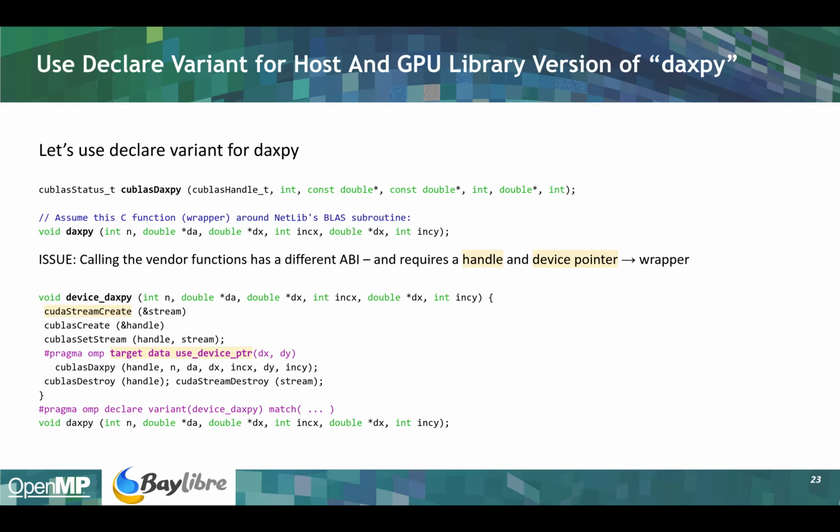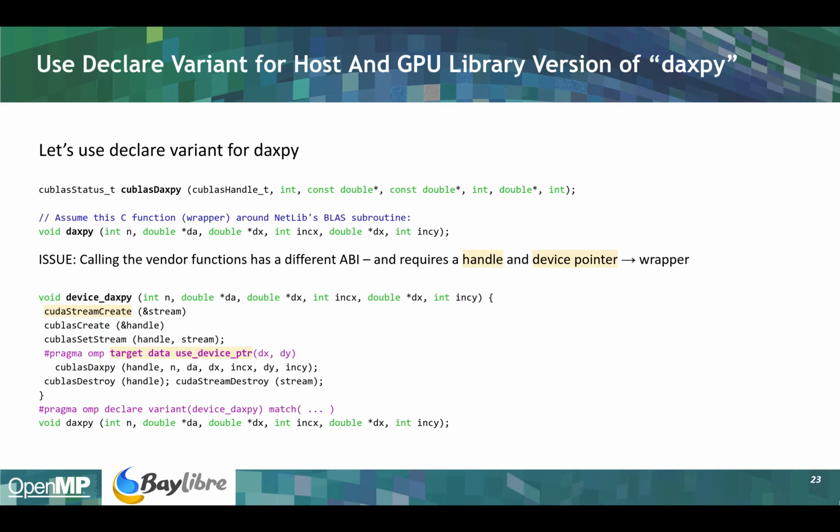And we also need to convert the host pointer to a device pointer. The use_device_ptr assumes that before the call, the data is actually already on the device, so we just need to find the associated device pointer and not actually copy data.